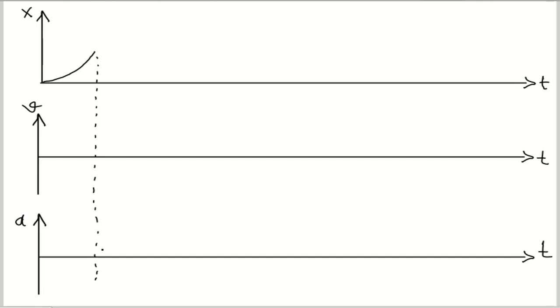And that's going to be a linear line like this. The same way, if we take the slope of this linear line on v versus t, that's going to be a constant on a versus t, acceleration versus t. So this is speeding up or increasing speed.